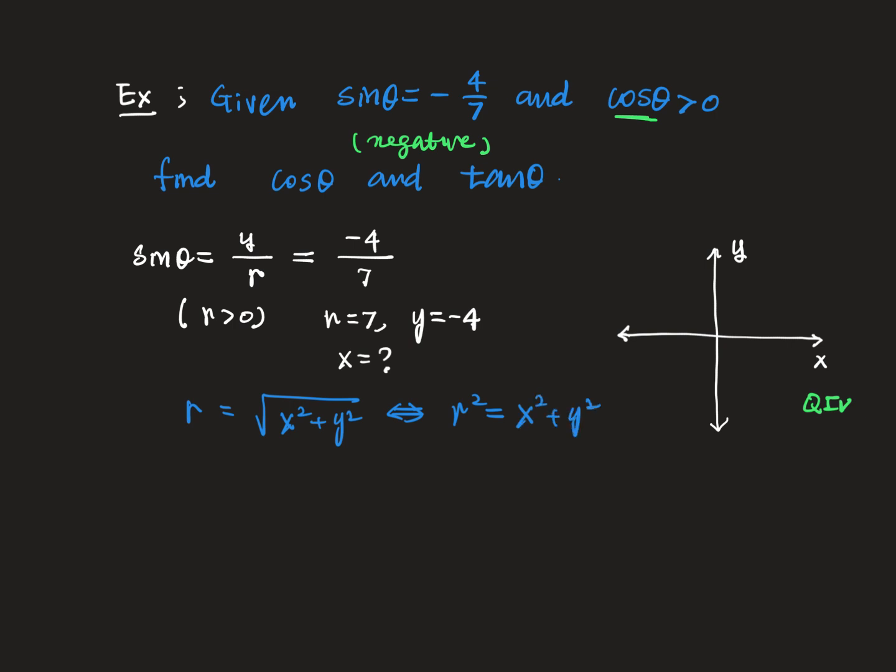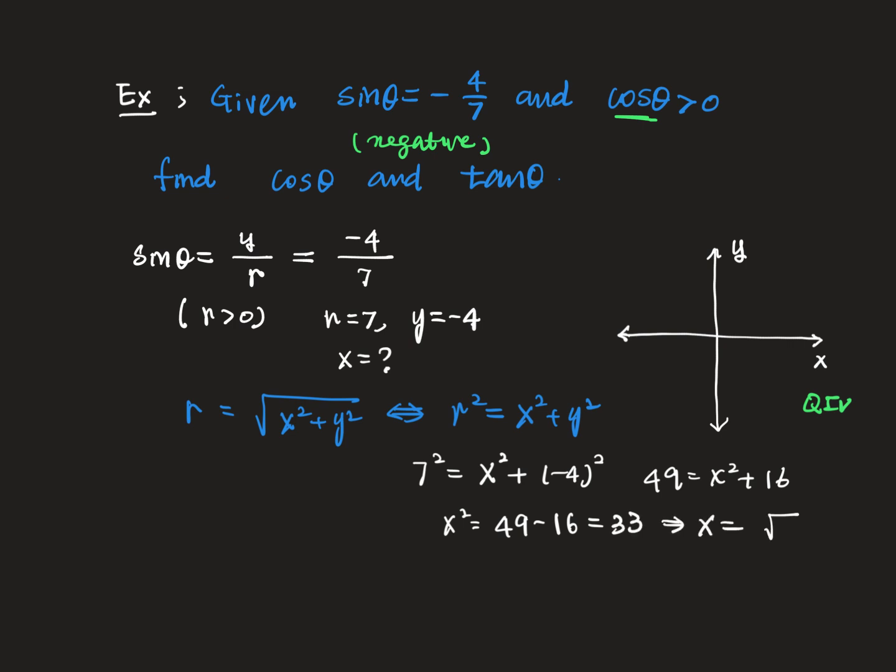So let's solve this one, guys, okay? R squared, 7 squared, x we don't know, y squared is negative 4 squared. 7 squared is 49, equals x squared plus 16, negative 4 times negative 4. So x squared is 49 minus 16, that's 33. We're going to solve this equation.